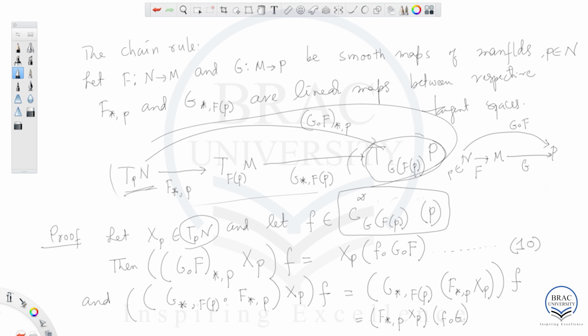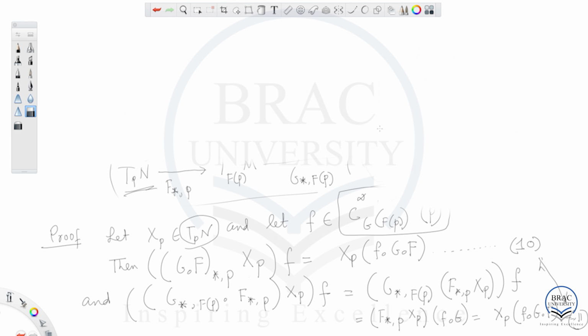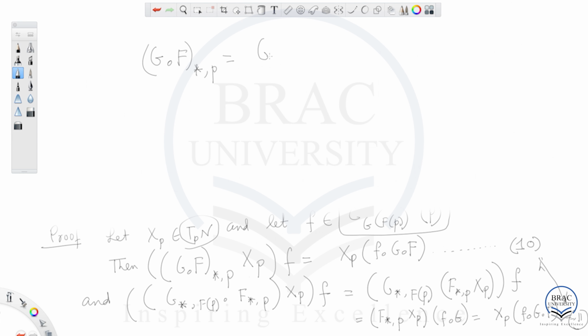Then again we apply the definition of differential to have x sub p acting on f composed with g composed with F. This is equation number 11, and from 10 and 11 it follows that, since x sub p was an arbitrary tangent vector from this tangent space, g composed with F star comma p is equal to g star comma F of p composed with F star comma p.